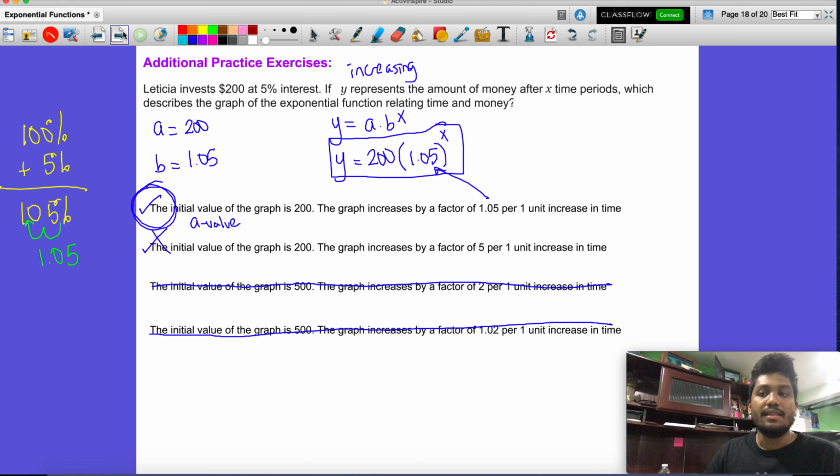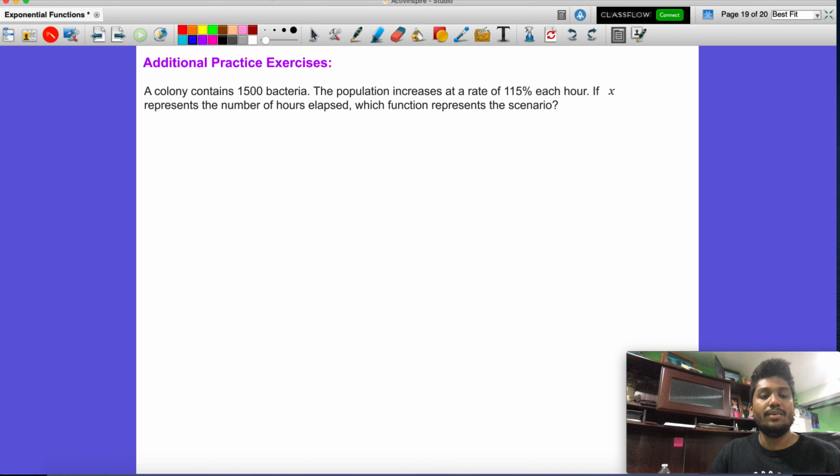Okay, and then finally, we have this one here. It says a colony contains 1,500 bacteria. The population increases. There's another increases right there. At a rate of 115% each hour. So they're telling us what the total increase is.